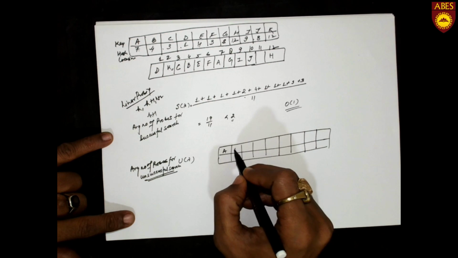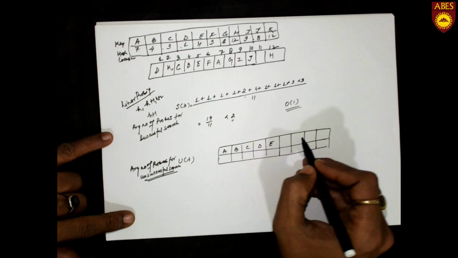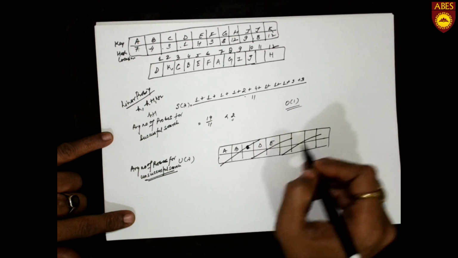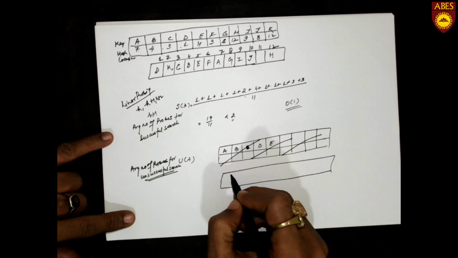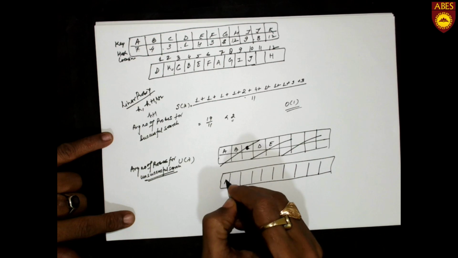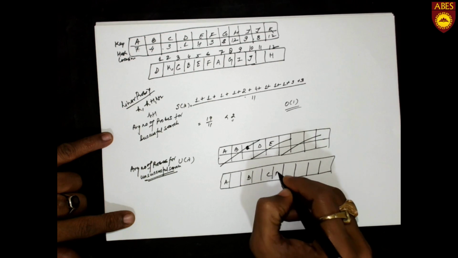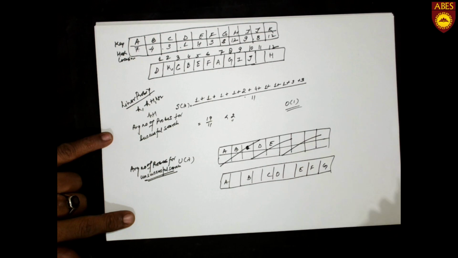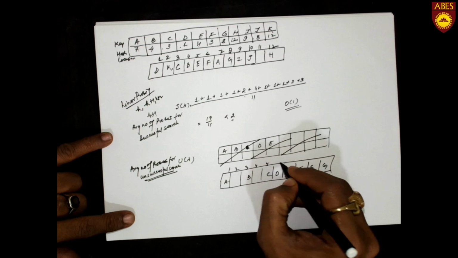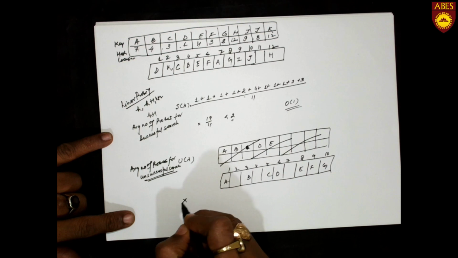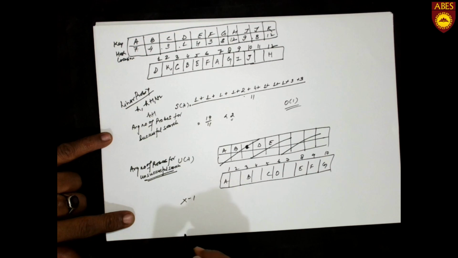And this table has an element, let's say A, B, C, D. Let's say this is the table and the elements that we have are like this: A, B, C, D, E, F. And let's say G. So locations are 1, 2, 3, 4, 5, 6, 7, 8, 9 and 10. So this is the hash table and we are looking for the data X at location 1. So data X at location 1 is not present.